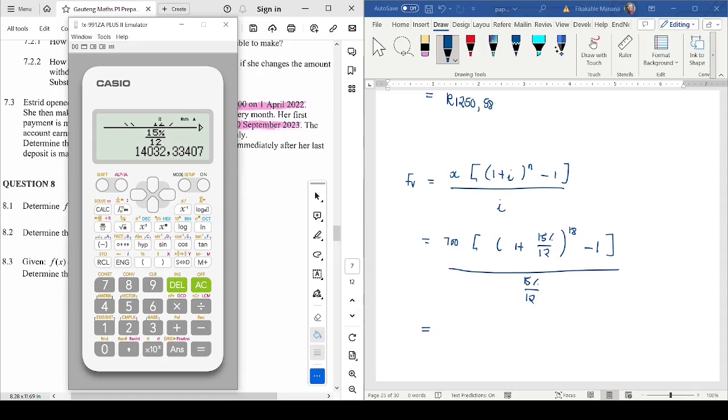And we get an amount of 14,032 rands and 33 cents.